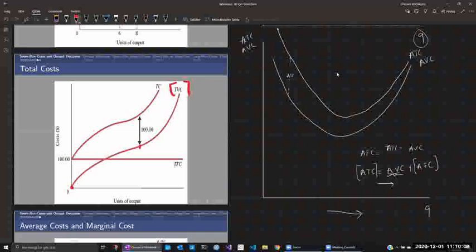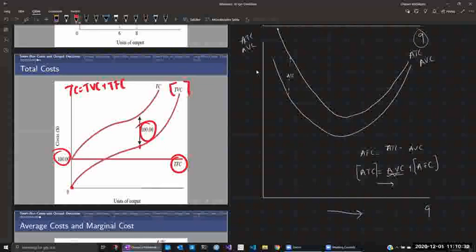And since total cost is simply equal to total variable cost plus total fixed cost, and remember that total fixed cost was something just fixed, then this difference between total cost and total variable cost should give me exactly the amount of total fixed cost. So it doesn't change, right?